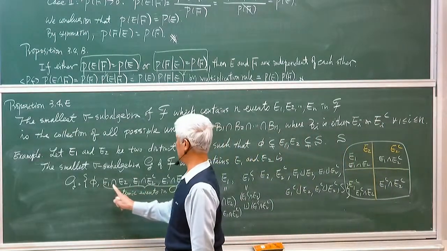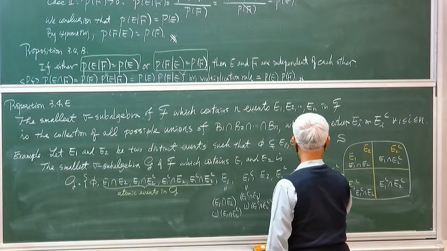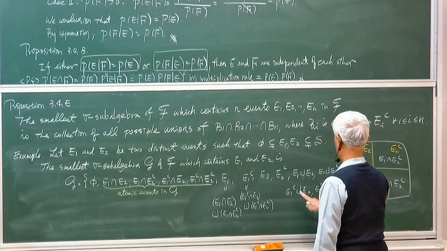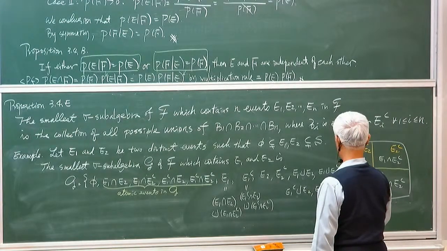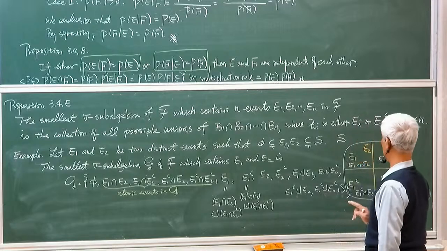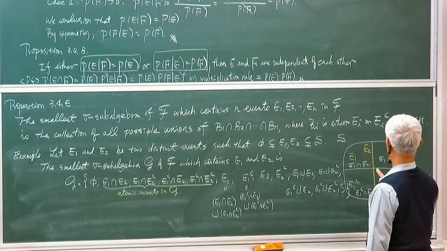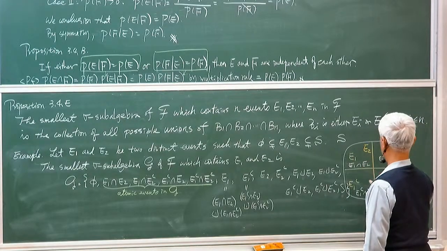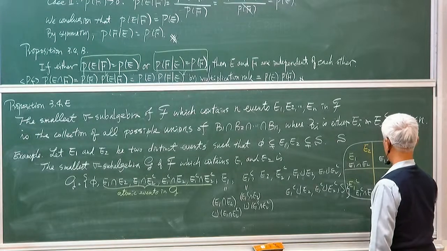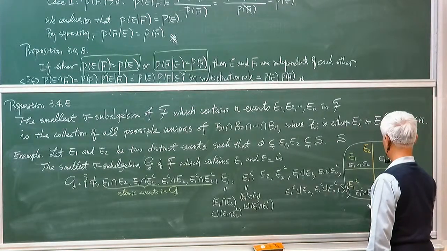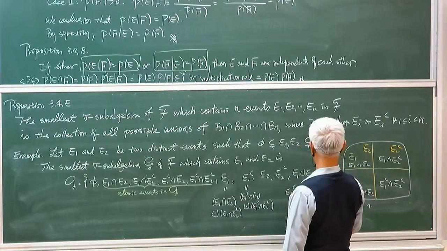So that would be 16. Let me see: 1, 2, 3, 4, 5, 6, 7, 8, 9, 10, 11, 12, 13, 14. So 2 left. Oh yeah, we're missing 2.